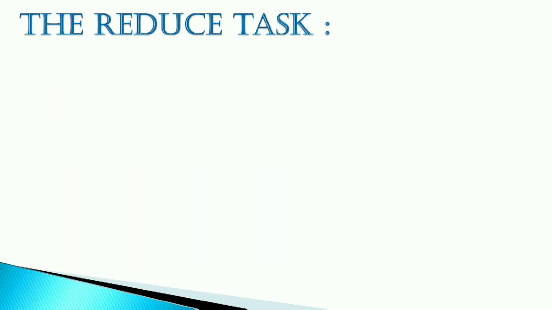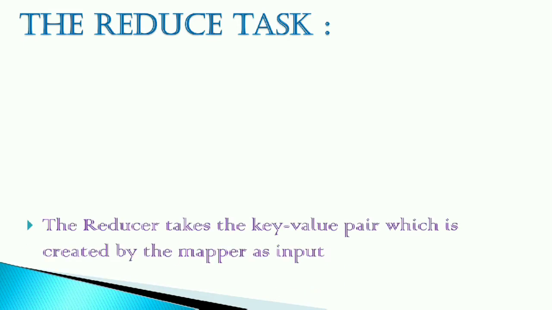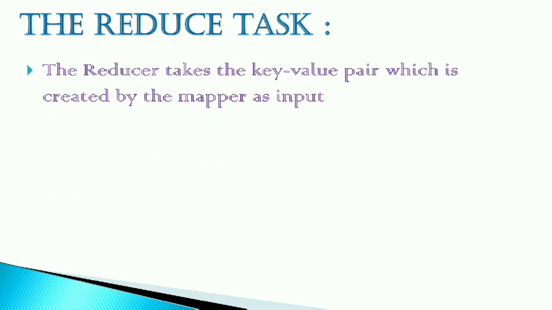Then we are going for the reduce task. The reducer takes the key value pair which is created by the mapper as input. So, the mapper is taking the input and the mapper's output will be the input to the reducer, and the reducer will produce the output accordingly.